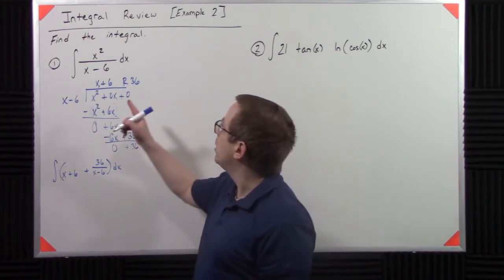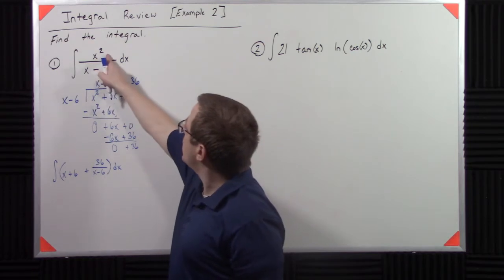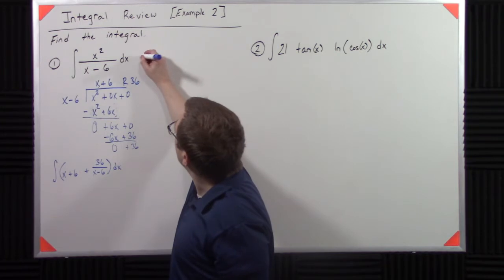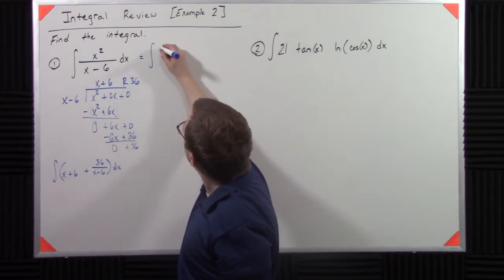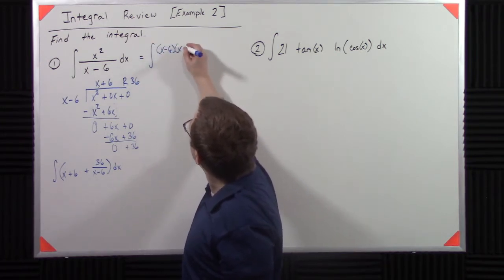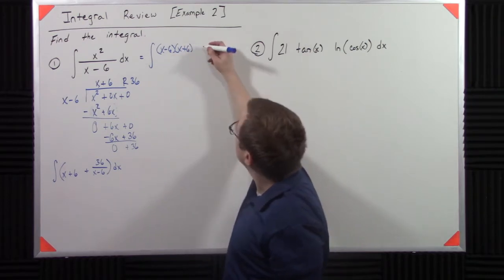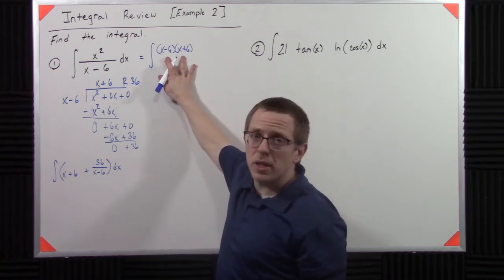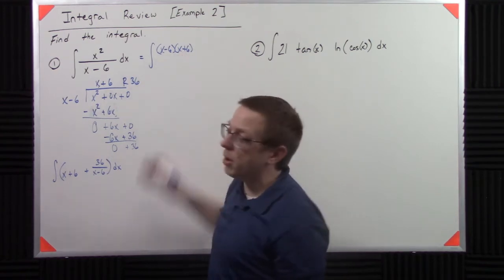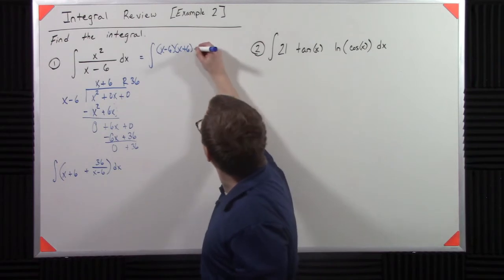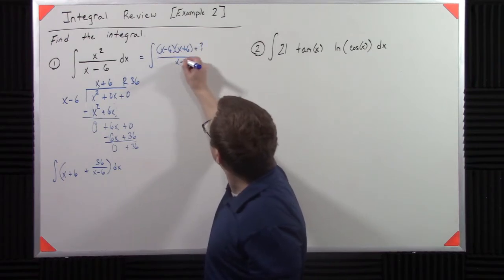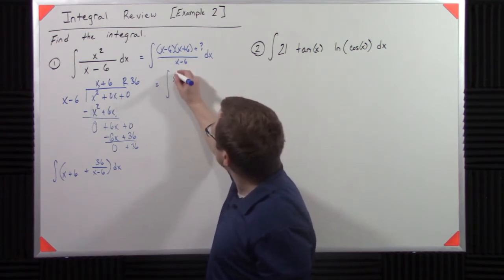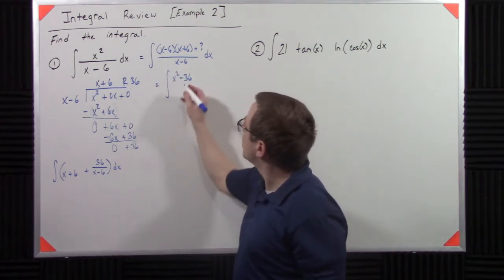What I want is something that factors into x minus 6, x plus 6, and then some leftover thing. So x minus 6 and x plus 6 would be x squared minus 36.